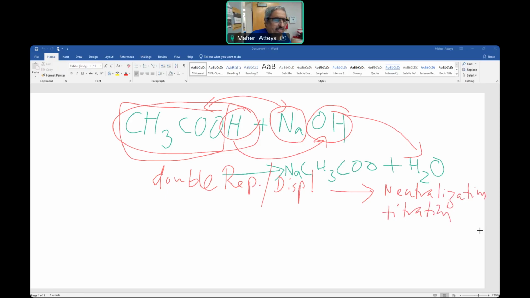That's a specific name for it, but the big picture of it is a double displacement reaction. How about another type of reaction here?